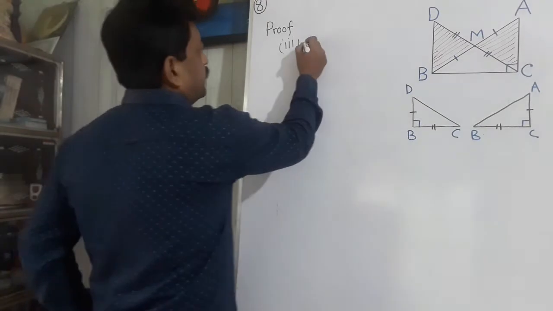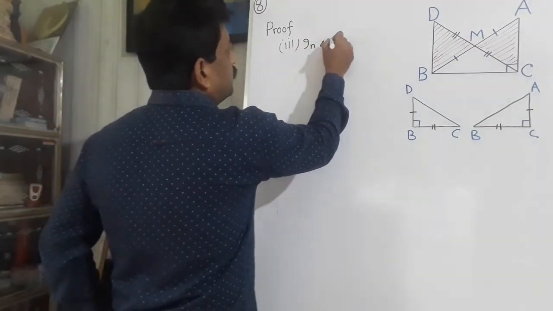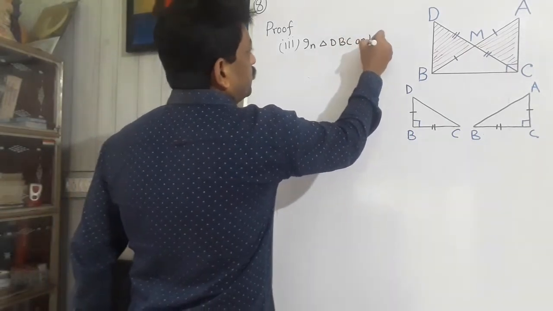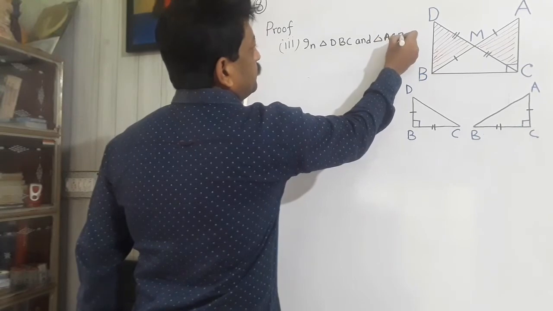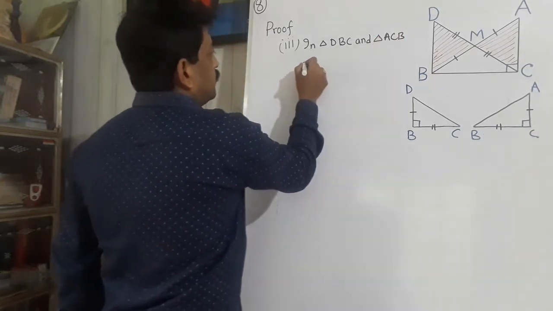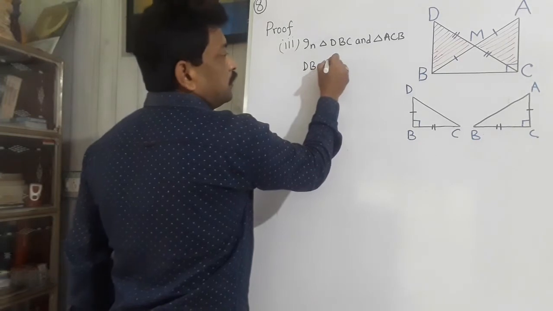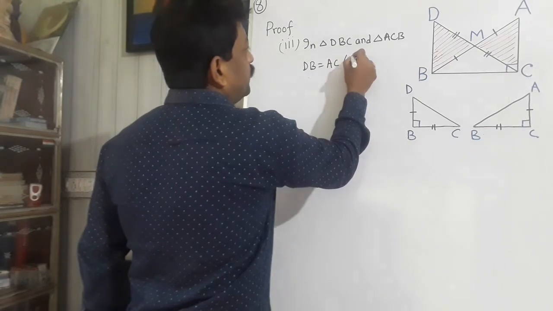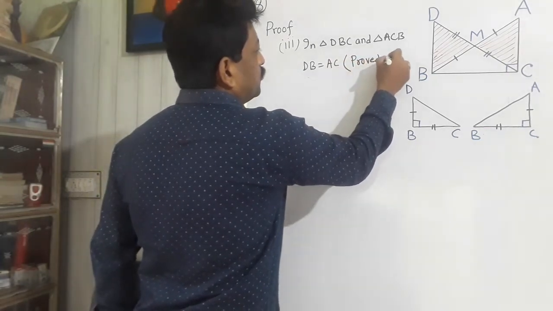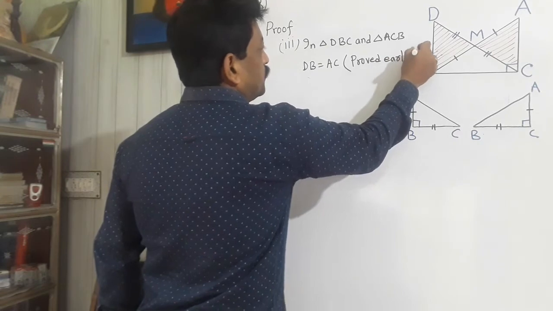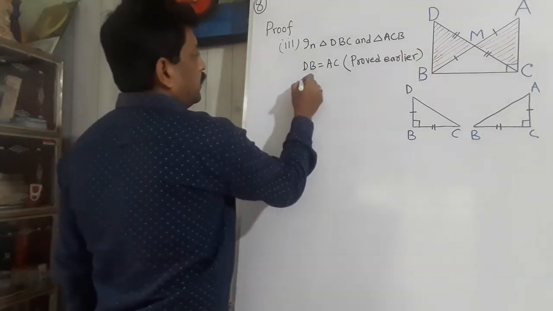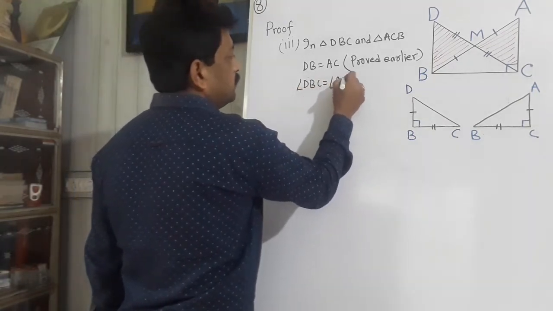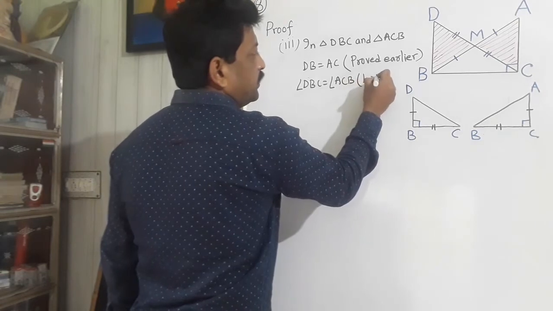Okay. Now let us write here. In triangle DBC and triangle ACB, DB equals to AC, proved earlier. Then angle DBC equals to angle ACB, both are 90 degrees.